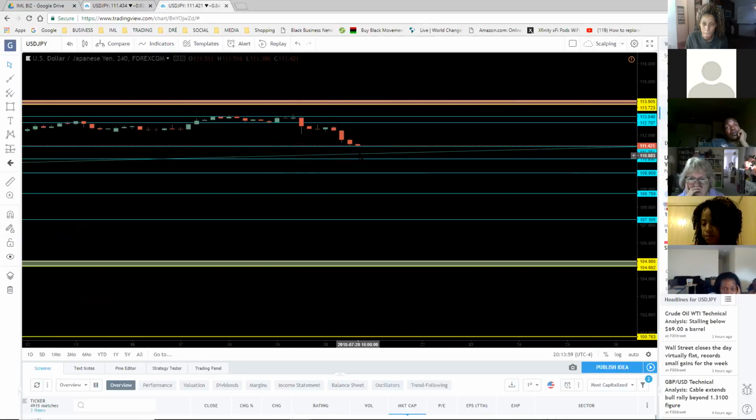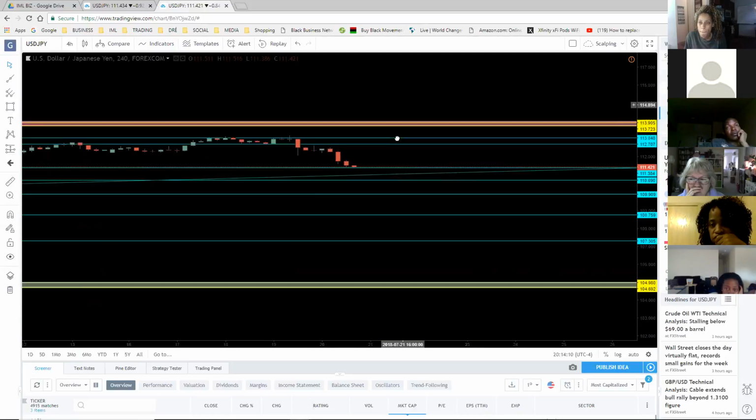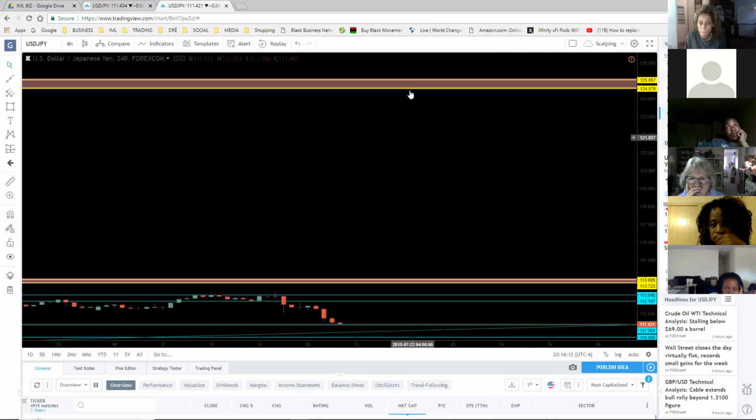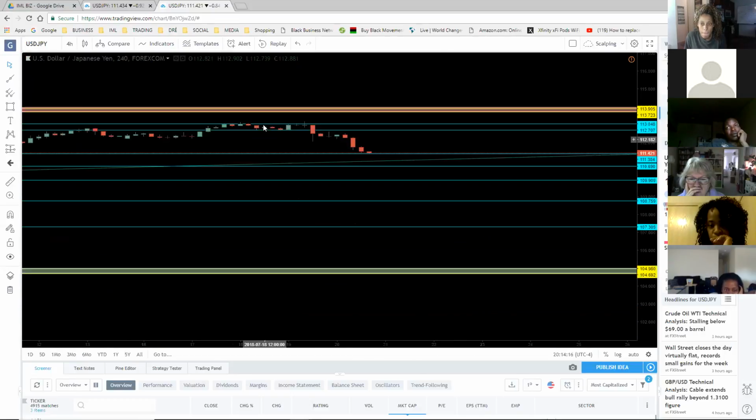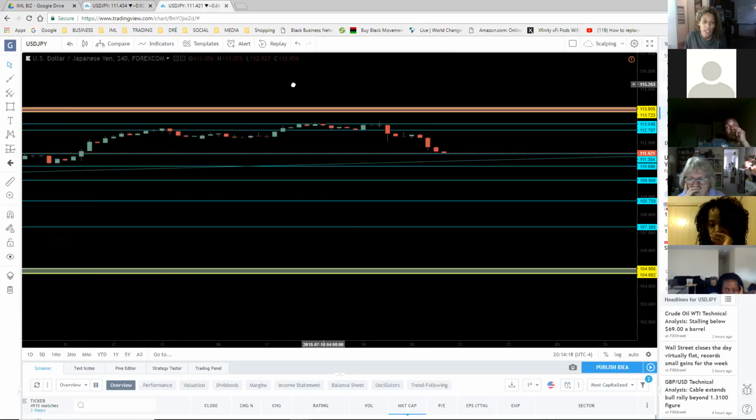But if it hits this line here and bounces back up, then I know it could potentially go back up to here, or it can go way past that up to here, or it could go way past that and go up here. So that's what I have understanding of. Does that sound right? Go back to the daily.